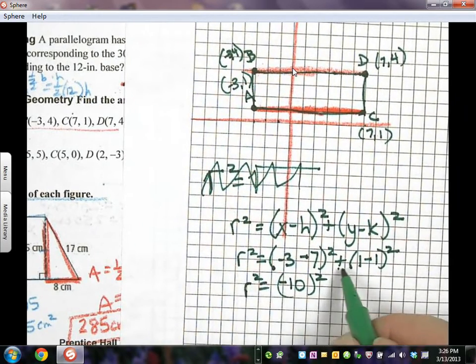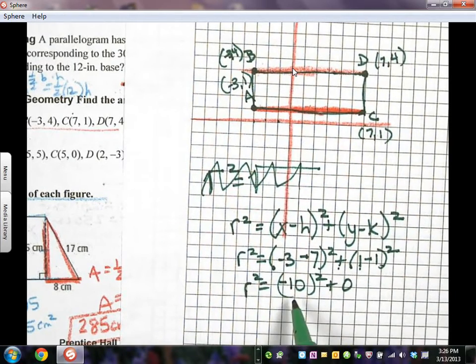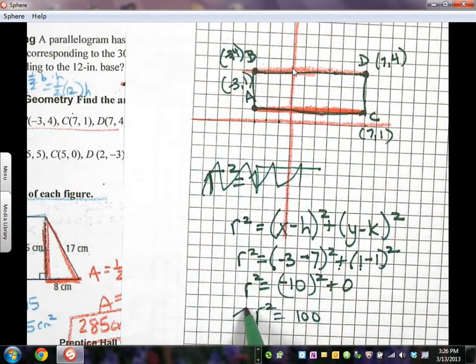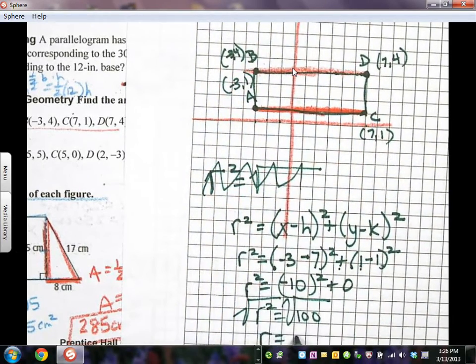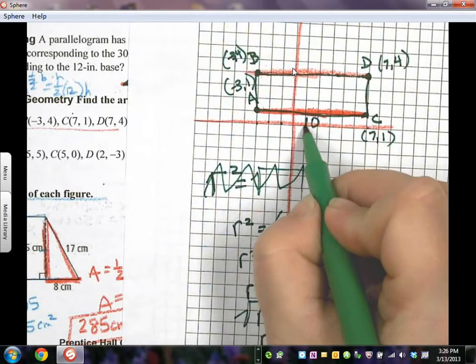And then 1 minus 1 is 0, and 0 squared is 0, so this is plus 0. So r squared equals 100. I take the square root of both sides. R equals 10. So I know the length of this line is 10.